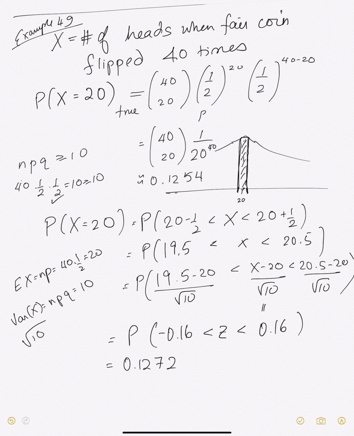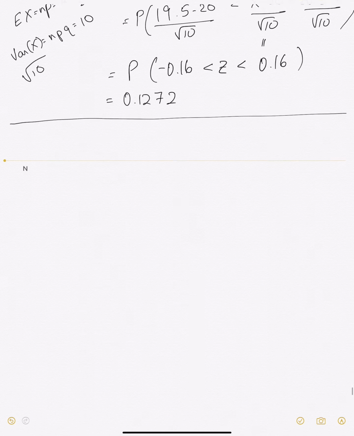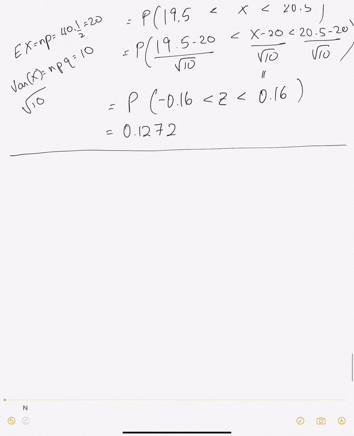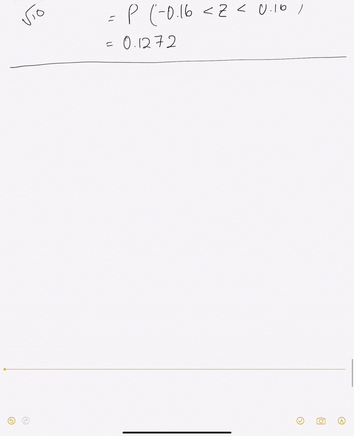So this showed you that when you want to approximate, make sure you don't forget to shift to the left or the right by drawing a picture and asking yourself, what area am I looking for? Okay? Let's do one more example to make sure that this makes sense. Okay, and I'm just going to do the example from the book. And that's example 4H.